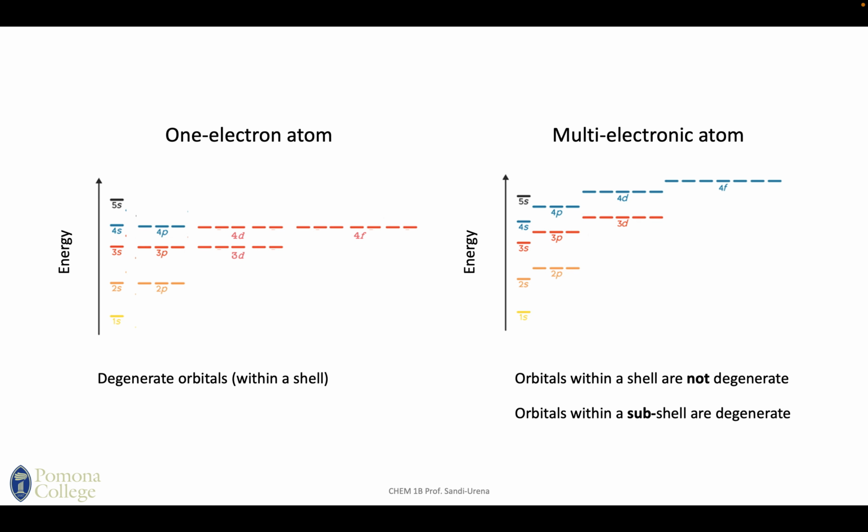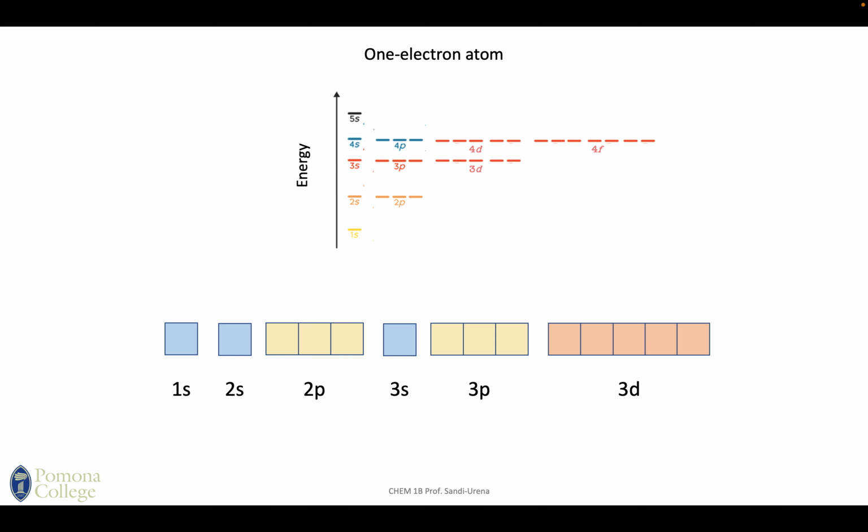What that causes is that the sequence of the orbitals going upwards changes considerably when compared to the one electron model. For example, we go up from 2p to 3s, then 3p, but instead of the 3d coming next, the next one is 4s. So the sequence changes, and just keep that in mind. We will use that for our discussion later.